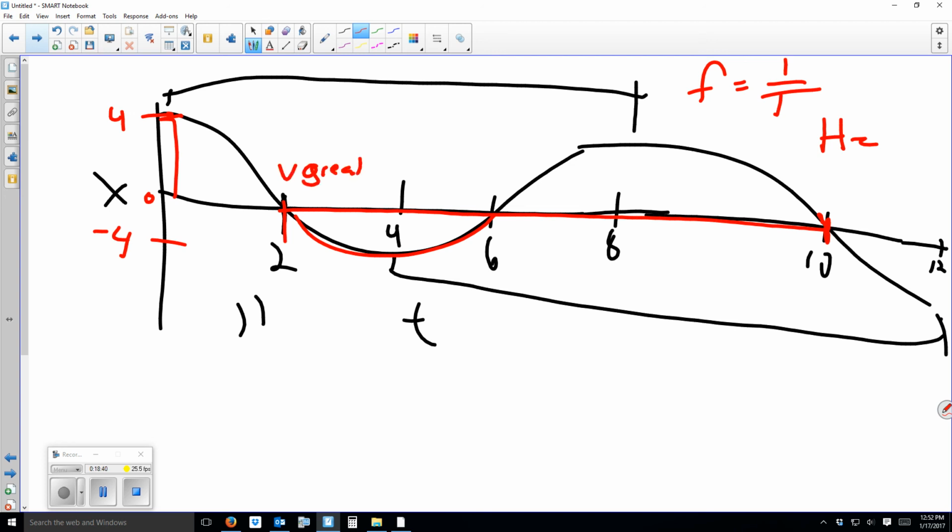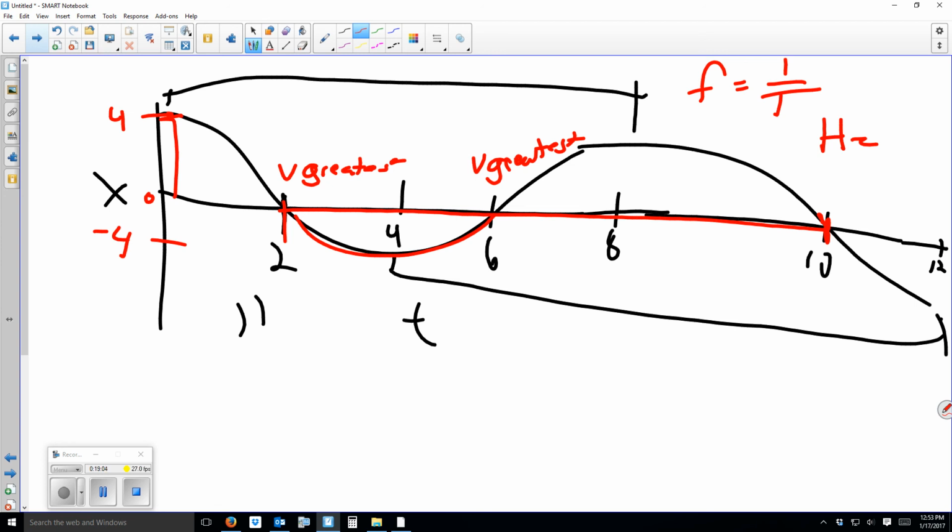Which one of these is our greatest positive, and which one of these is our greatest negative velocities? What's the velocity of a position time graph? How do you get it? Slope. Anybody in calculus? Couple people. For you couple folks, these are derivatives of sine. You get them? Good.